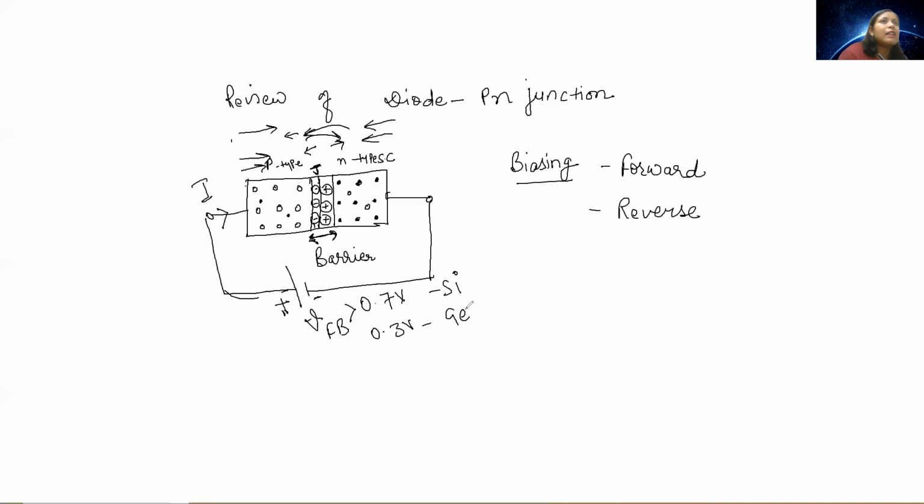So in that case, it will easily conduct. The concept is that if the positive terminal is connected to p-type, the negative terminal is connected to n-type, and the voltage is greater than 0.7 volt or 0.3 volt for silicon or germanium, then there will be a sufficient amount of current flowing through the junction.